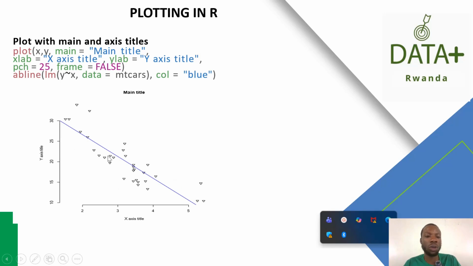This line is going to help us confirm the relationship, whether it is positive or negative, because we have seen that if it goes from the right to the left side, this means that there is a negative relationship between the x-axis and y-axis variables, which means that when this is increasing, this tends to be decreasing, so there is a negative relationship between this and this.